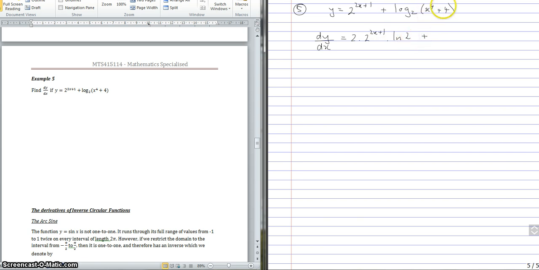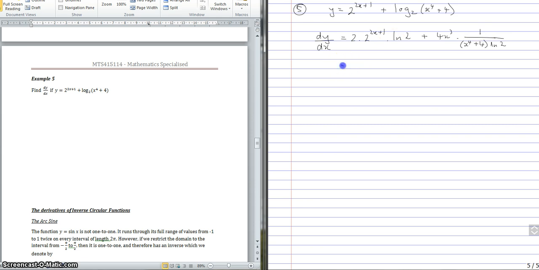Plus, similar with this one. We need to multiply, being a composite function, the derivative of this inside part, 4x cubed times, and now we apply our new rule, which is 1 over x to the 4th power plus 4 times the natural log of 2.